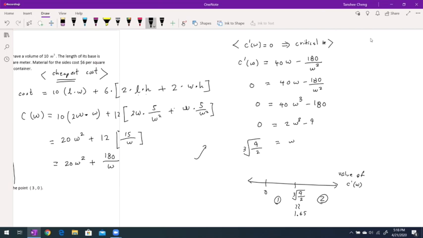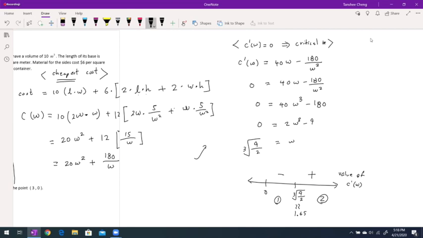When I plug 1 into the first derivative function, that's clearly a negative value. When I plug 2 in, this will be 80 minus 180 over 4, and 180 over 4 is less than 80, so it will be a positive number.